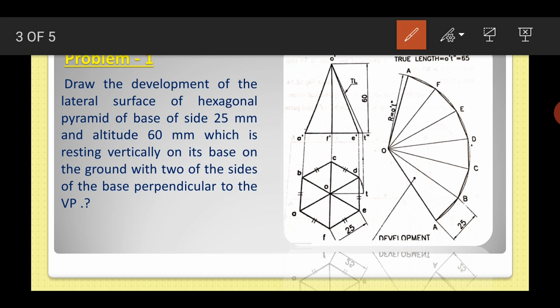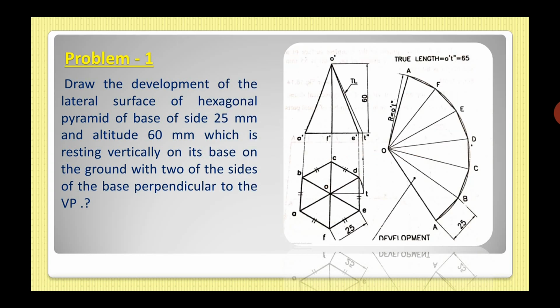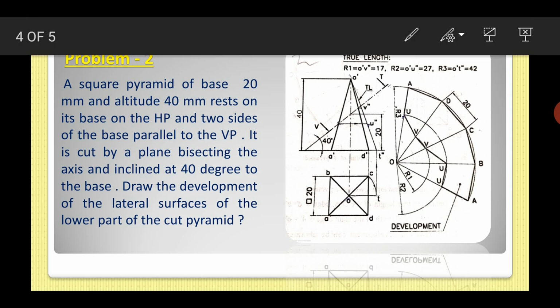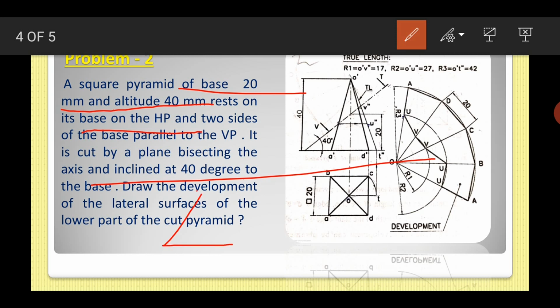Now we have to do another problem, the second problem. It is the same, but the difference is that we are using a square pyramid of base 20 mm and altitude 40 mm, which rests on the HP. You have to draw a structure like this.